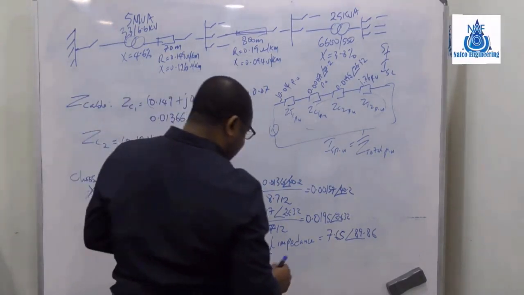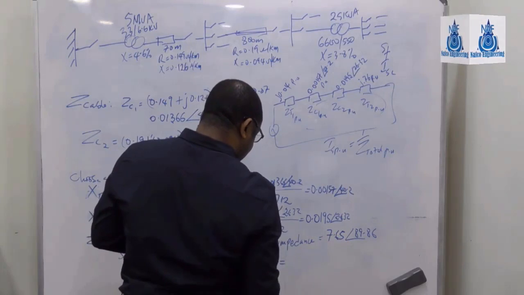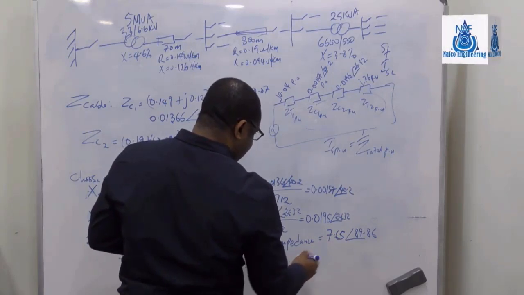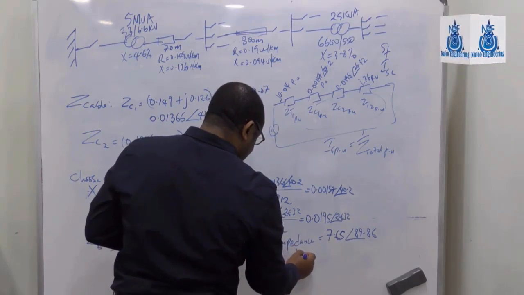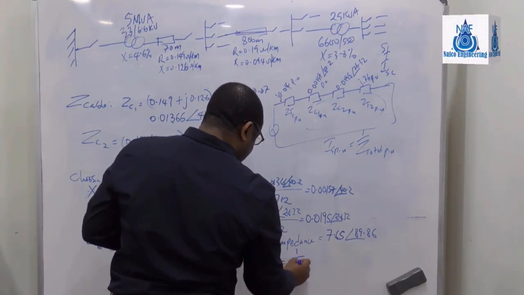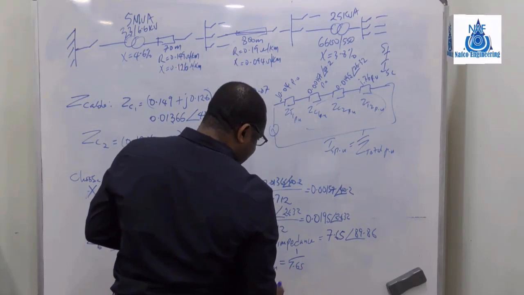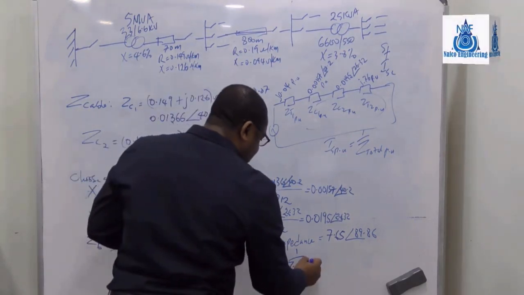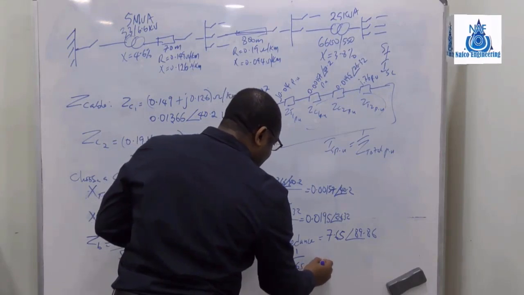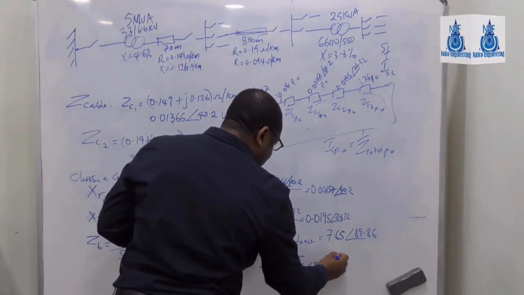Okay, so I in per unit will be 1 over V over Z, that is 1 over 7.65 with an angle of 89.86.